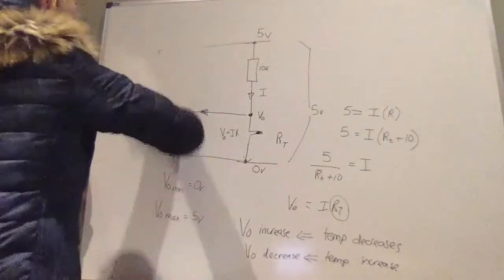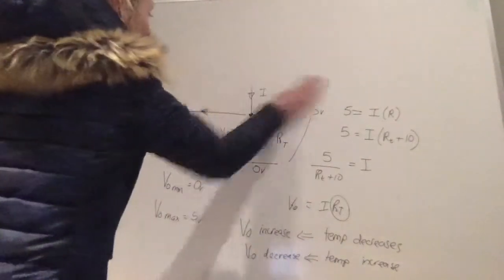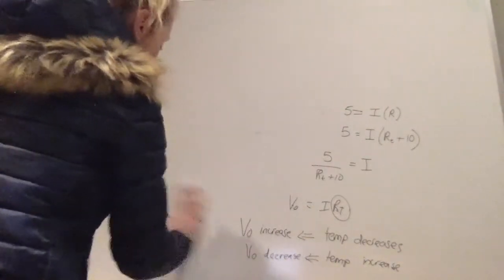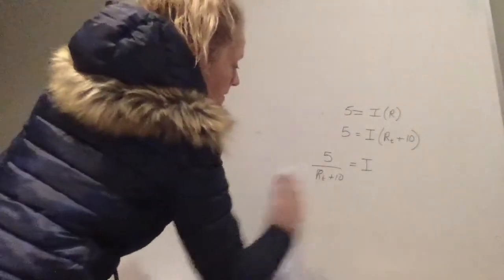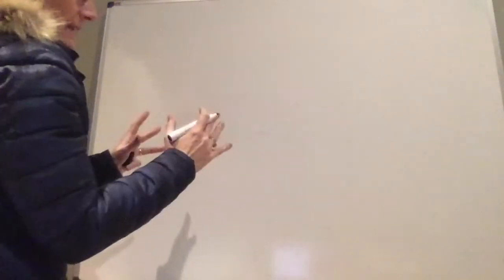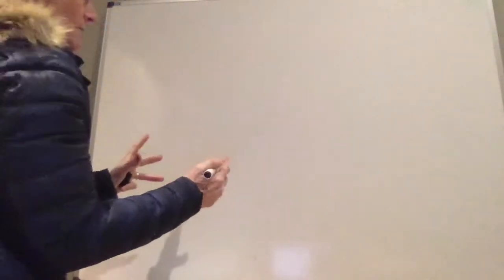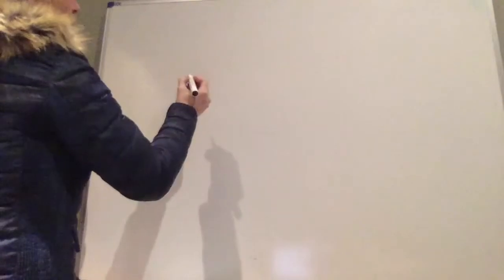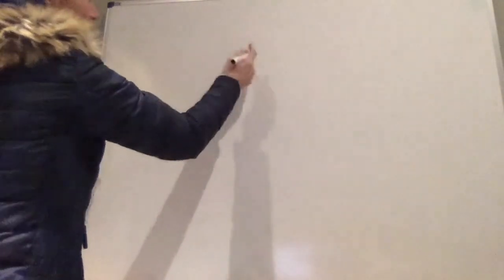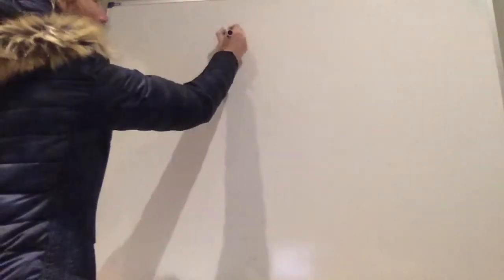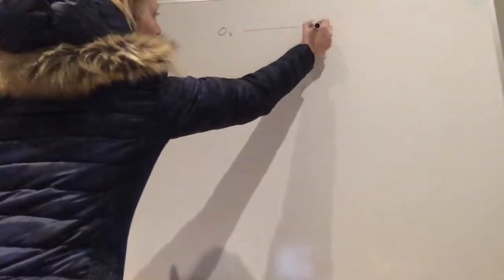Right. So now we're going to look at our program. Very basic, just really more in relation to the thermistor. So we now know that we are going to get a range of voltages anywhere between 0 volts and 5 volts.